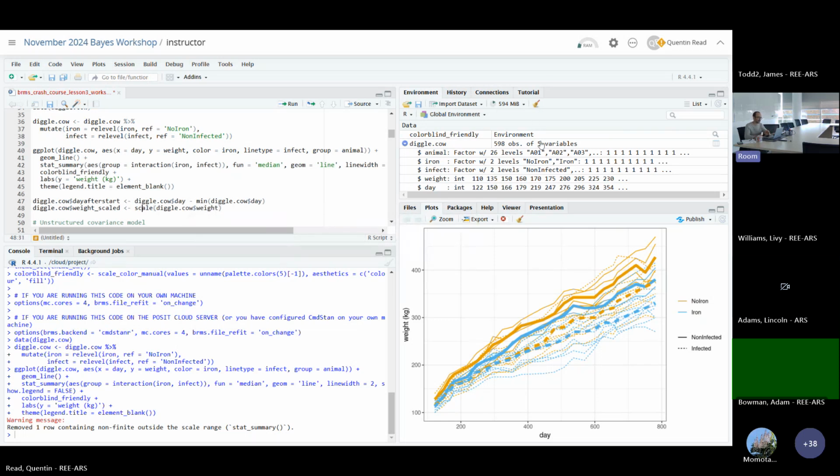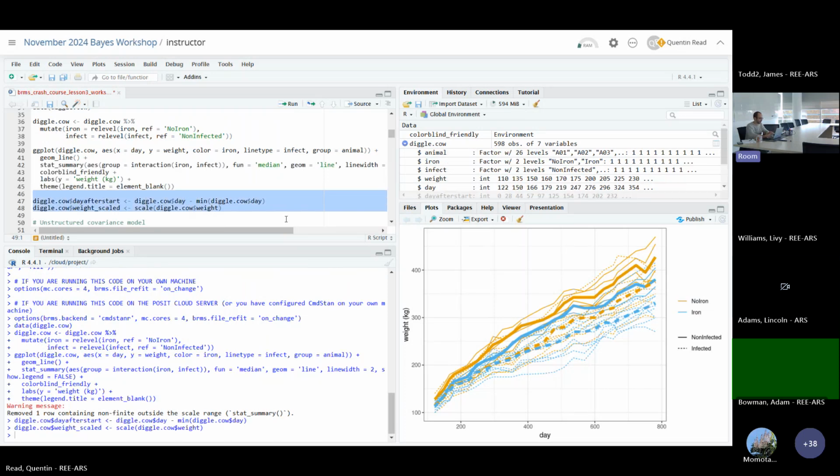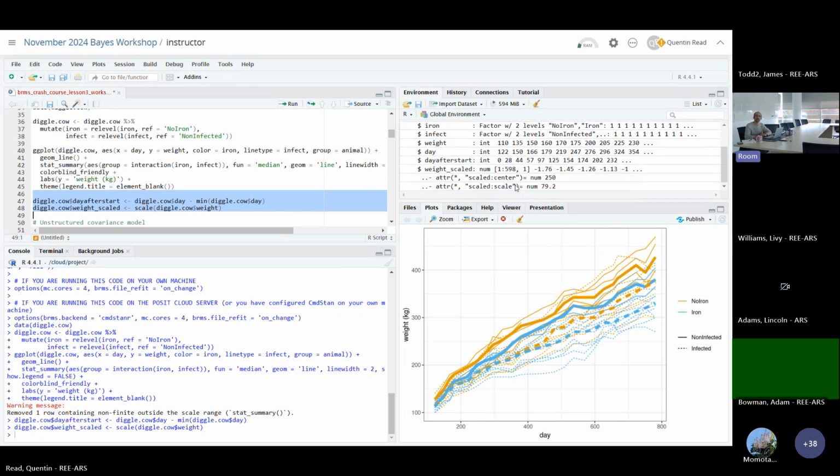So now instead of having 5 columns, we're going to end up with 7. I'm going to highlight both these lines and hit Control Enter to run them. Now you can see we got 7 variables. Days after start goes down to 0, and weight scaled is in standard deviation units away from the overall mean of weight.